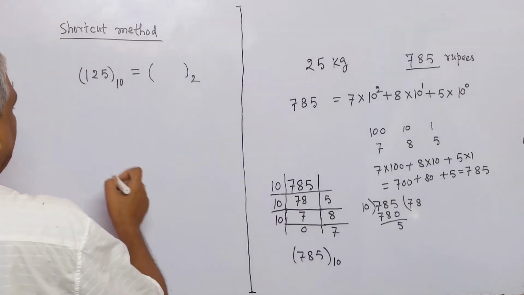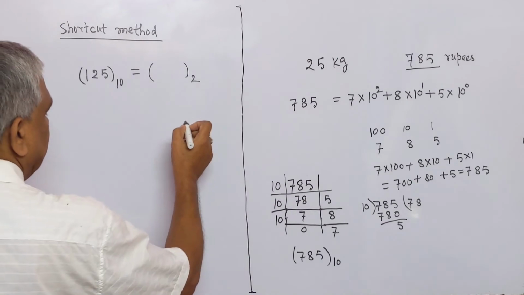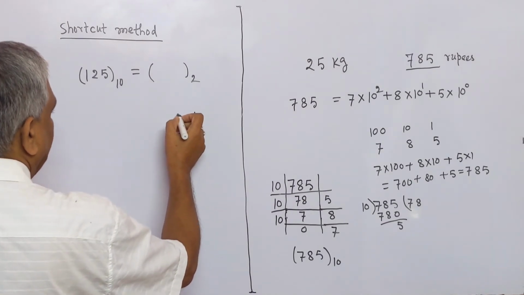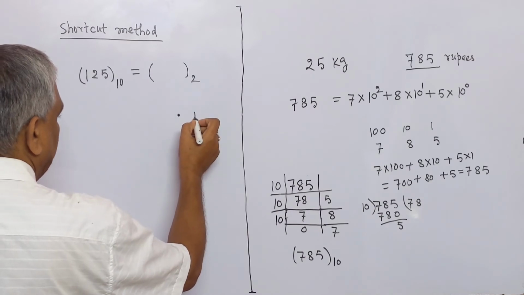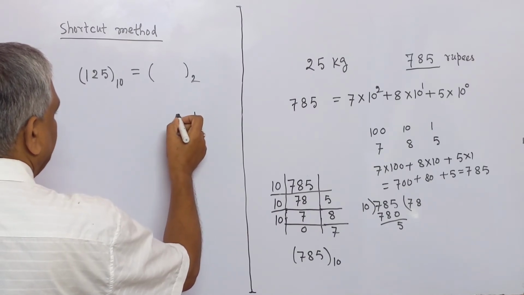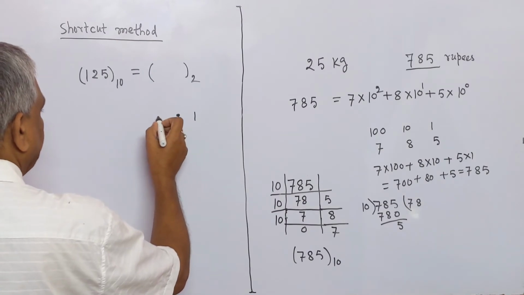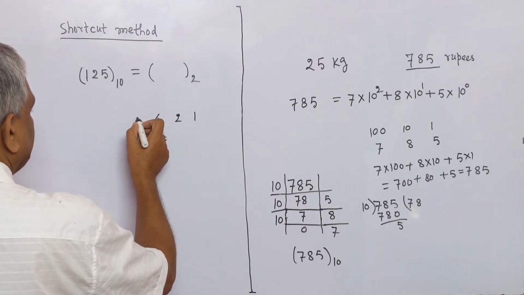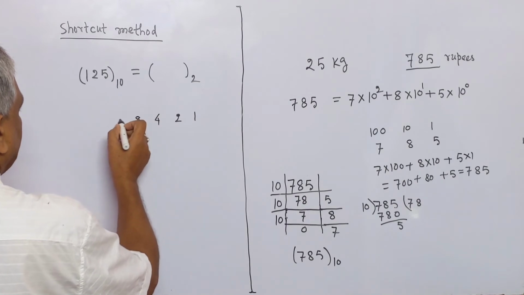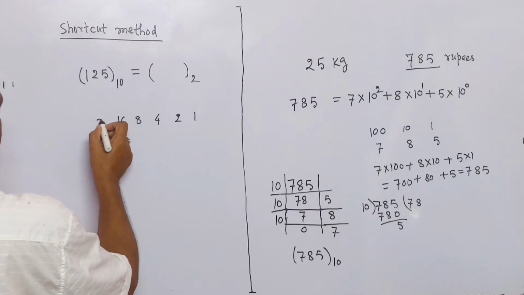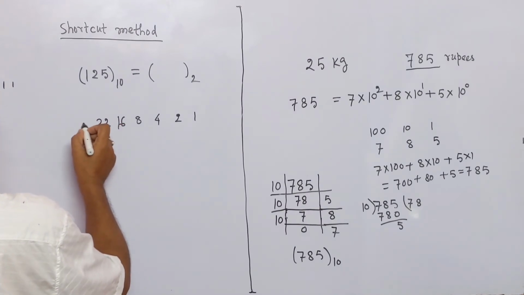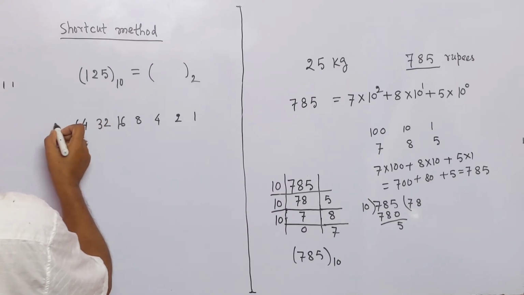Similarly, here we write 1 in binary system. Here 1 means 2 to the power 0, 1; 2 to the power 1, 2; 2 to the power 2, 4; then 2 to the power 3, 8; 2 to the power 4, 16; 2 to the power 5, 32; 2 to the power 6, 64; 2 to the power 7, 128.